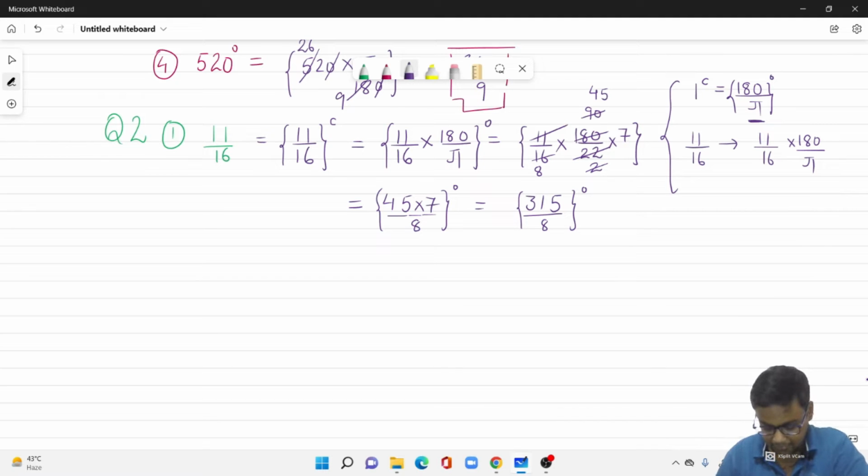But see, the thing to remember is that this value will obviously terminate in decimals, so we have to convert it into minutes and seconds, right? So see, 8 3s are 24, right?